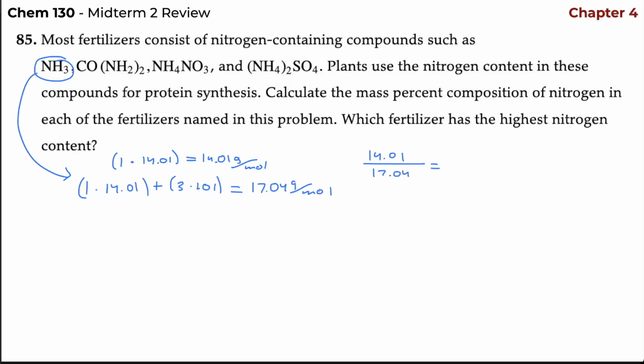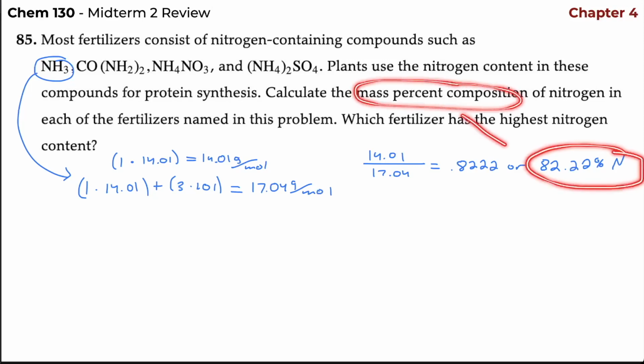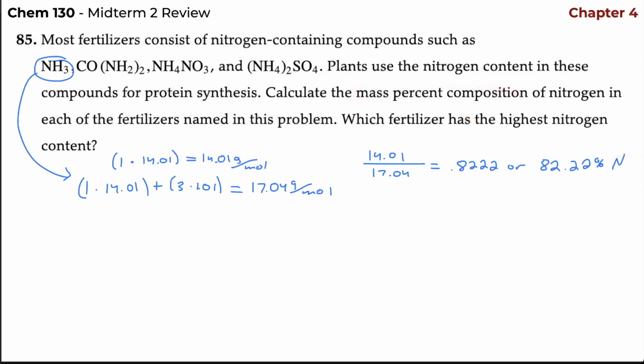That gives us 0.8222, or 82.22% nitrogen. This is the mass percent composition of nitrogen in this one. Now we have to repeat that for the others. I'll just do another one, and then the other two you can do on your own.